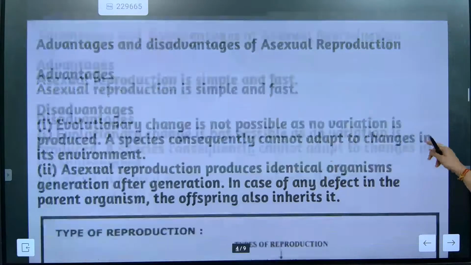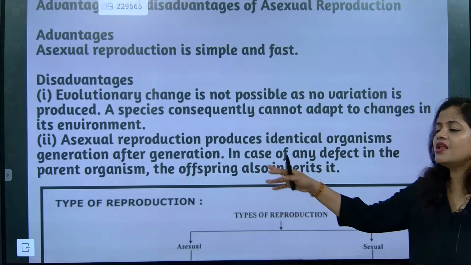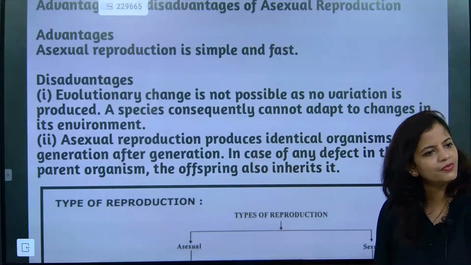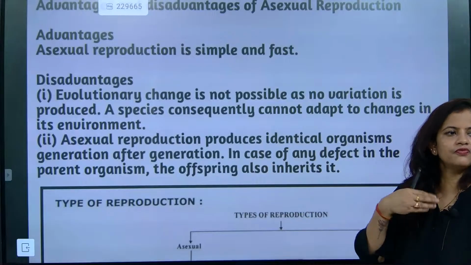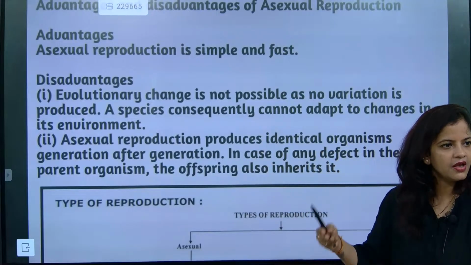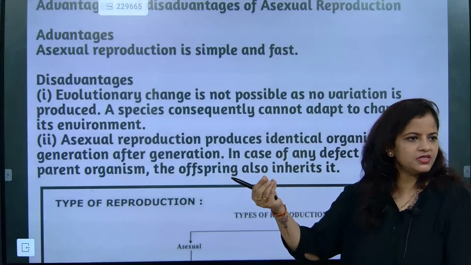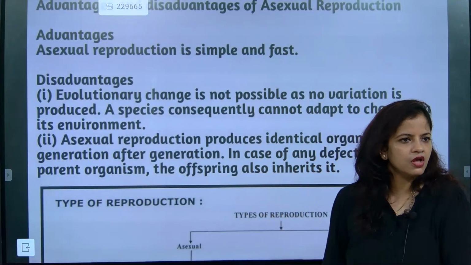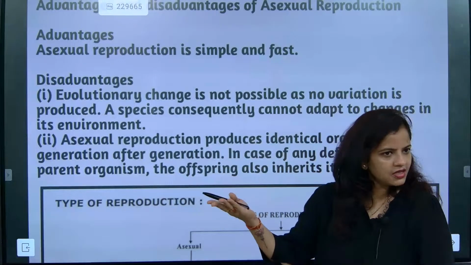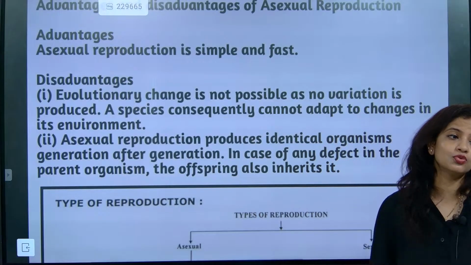Next, asexual reproduction produces identical organisms generation after generation. That's what I talked about right now. So my daughter, my daughter's daughter, my son's son will be seeing the same bacterium through the microscope. Definitely, generation after generation will see the same defect in that unicellular organism, because they are making clones.